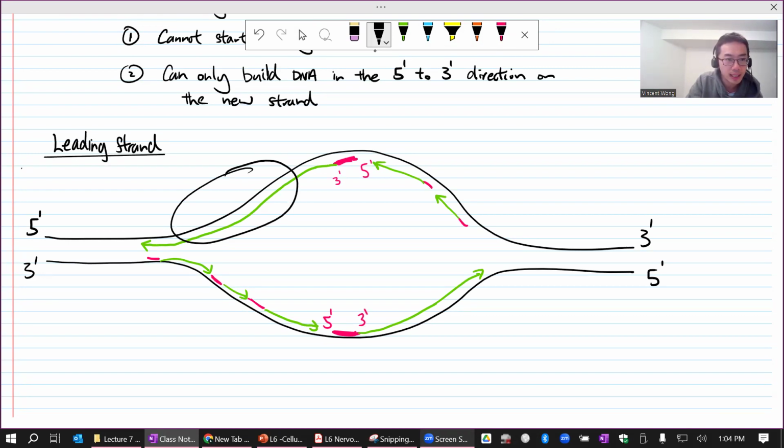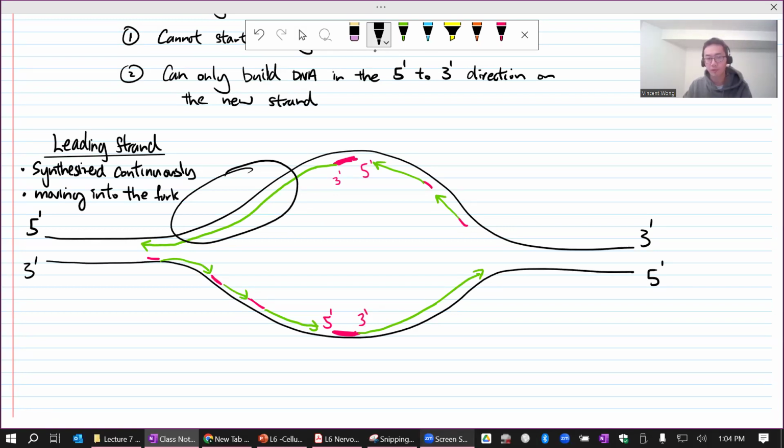The leading strand is being synthesized continuously, and it's moving into the fork, as in the replication fork. Okay, so that's talking about this strand right here.